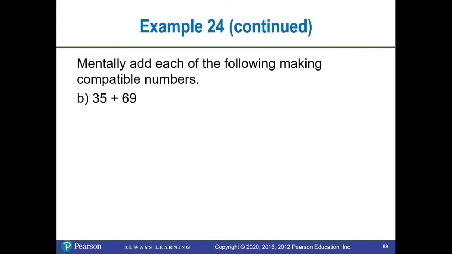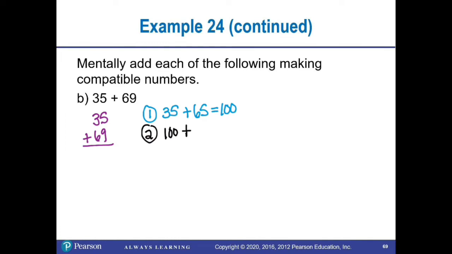Let's look at another example. Here we have 35 plus 69. Well, numbers that end in 5 are easy to add, so I'm going to pull apart 69. 35 plus 65 is 100. Well, I'm missing 4 ones, so I add 4 ones, and 100 plus 4 is 104.